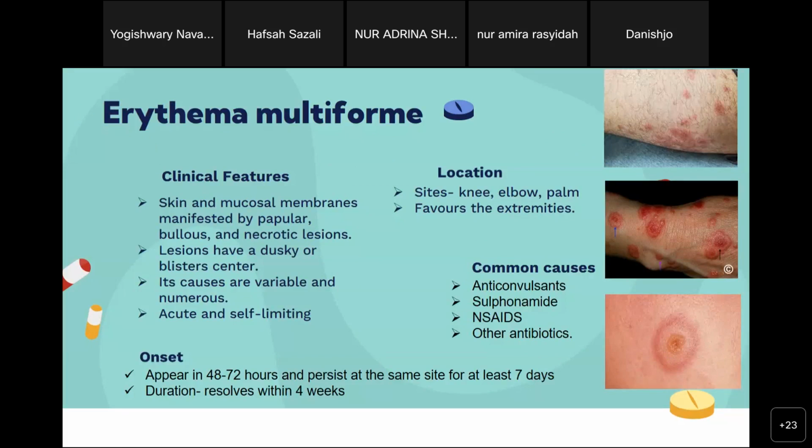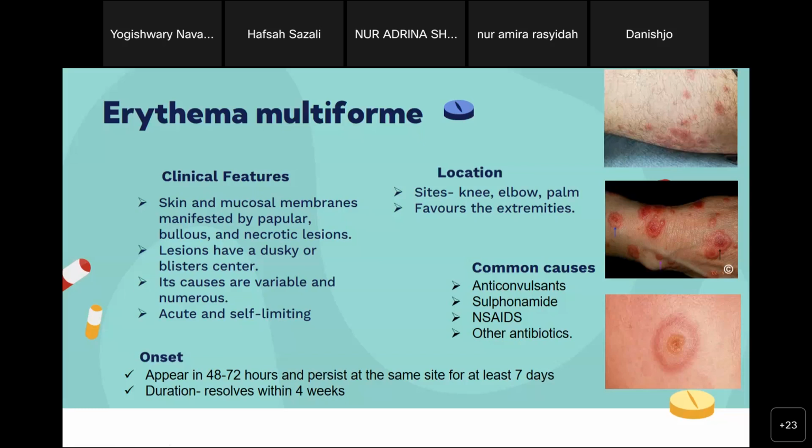The common causes are anticonvulsants, sulfonamides, NSAIDs, and other antibiotics. These usually appear within 48 to 72 hours of drug exposure and persist at the same site, lasting about 7 days, and it takes about 4 weeks to resolve. Just want to mention that infection is a common cause of erythema multiforme, unlike SJS and TEN.